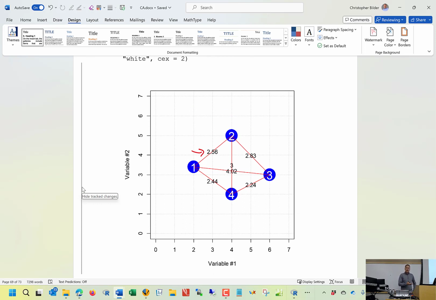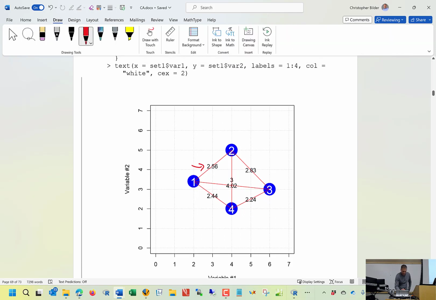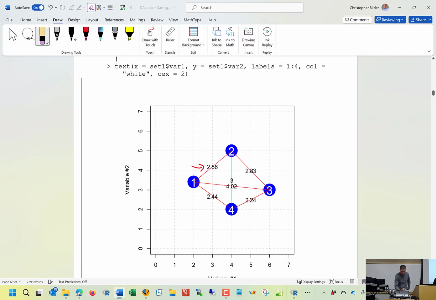I'm going to join them together. So you look at all those distances that you see there. Well, what's the smallest distance? It's the distance between 3 and 4, a distance of 2.24. So that's my new cluster. So now I have 3 clusters: a cluster with just observation 1, a cluster with just observation 2, and now a cluster with 3 and 4.